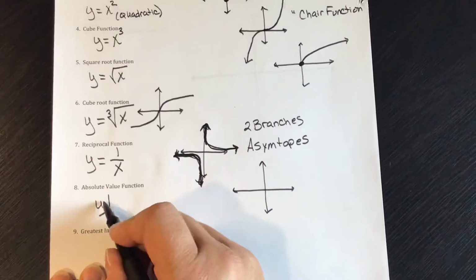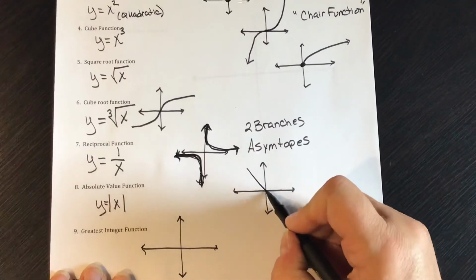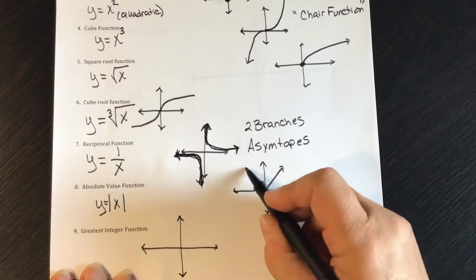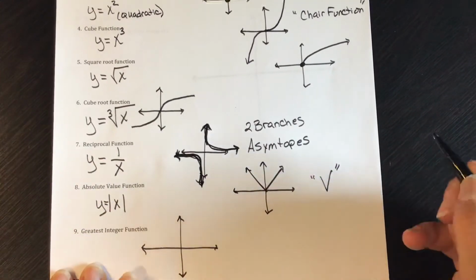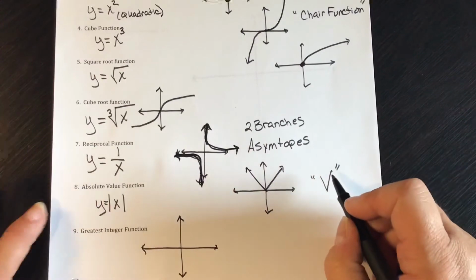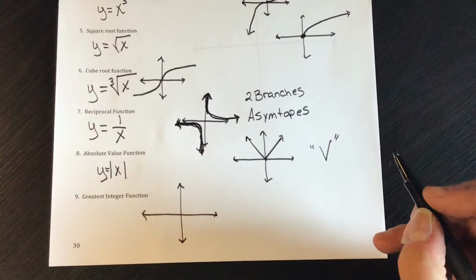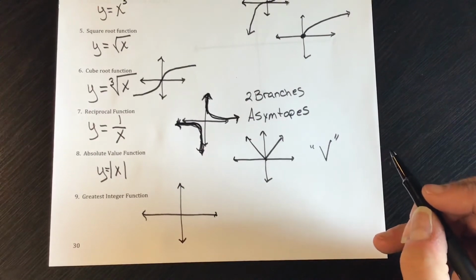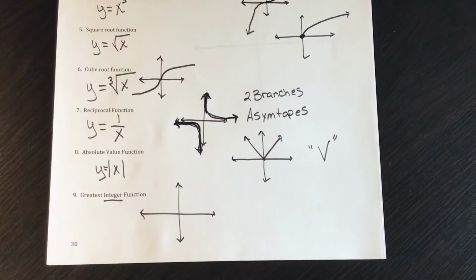Absolute value function, y equals the absolute value of x. We talked about that. We know it's a V. And this one we don't see very often, but it's called the greatest integer function. And integer is a key word here.